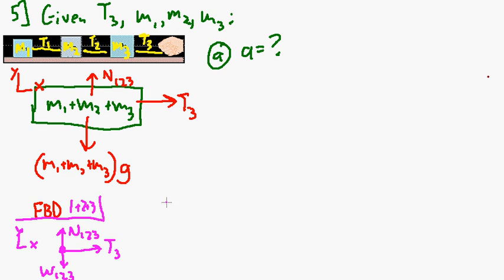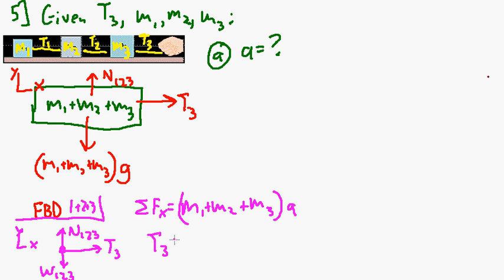And so let's do a sum of forces in the x direction. That's going to equal the mass of these three things times a. So the sum of forces in the x direction is T3, that's all.